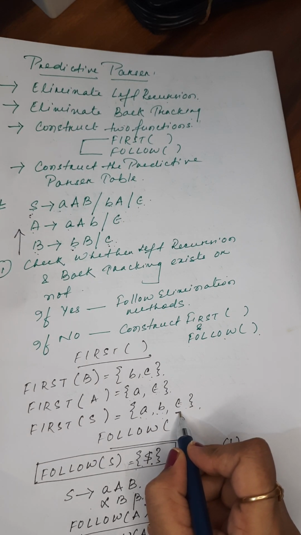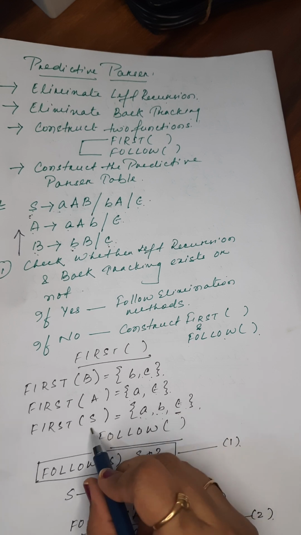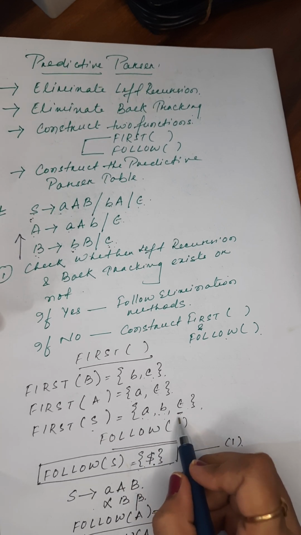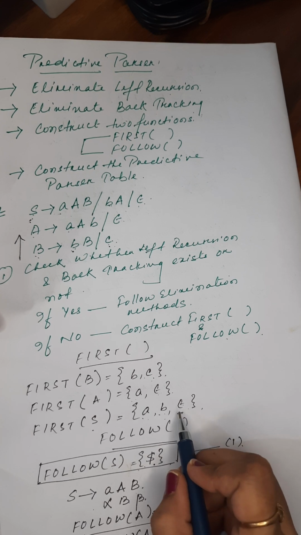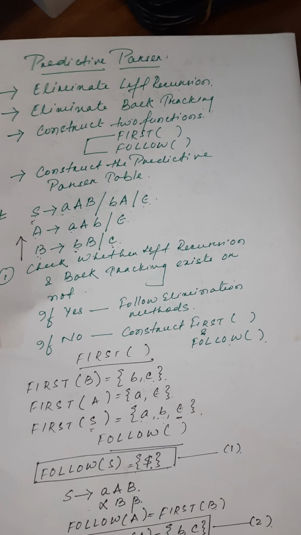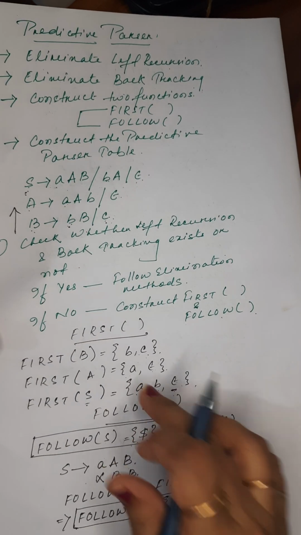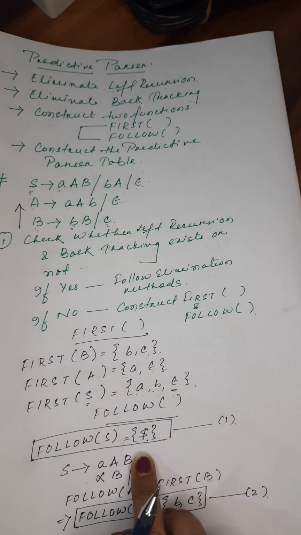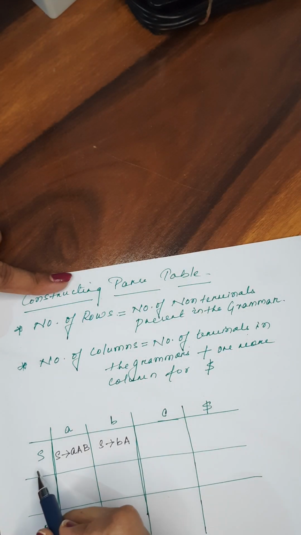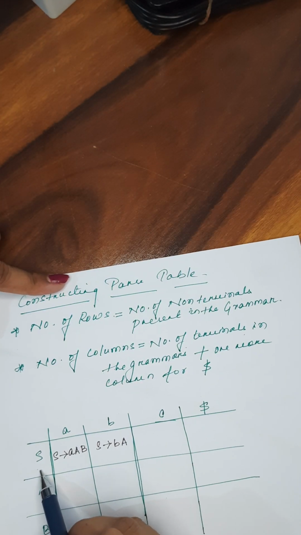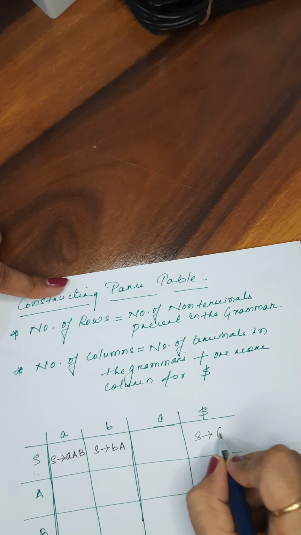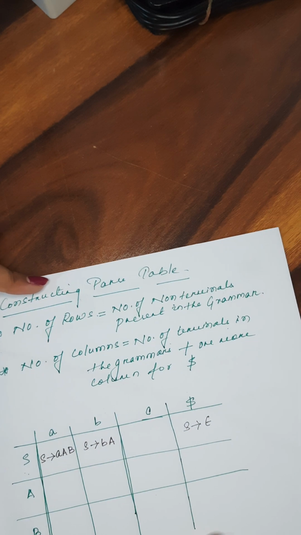Whenever you find epsilon in the first of the non-terminal while doing the parse table, look at the follow of that particular non-terminal. What is the follow of the non-terminal S? Follow of S is dollar. So in such a case, for the row S under dollar, you make an entry S tends to epsilon.